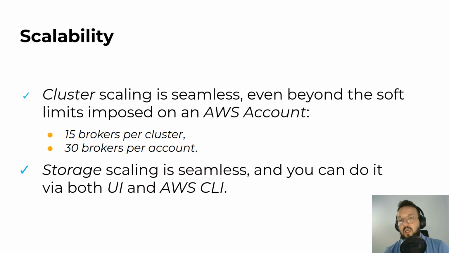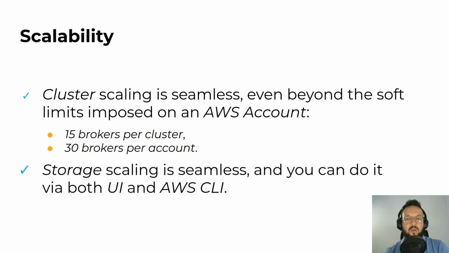Speaking about scalability, cluster scaling is seamless and even beyond the soft limits that are imposed on the AWS accounts. Currently, you can create 15 brokers per cluster, and if you cross over 30 brokers per account, you will have the soft limit imposed.